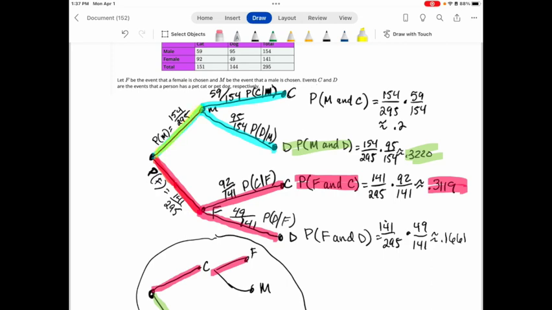So looking at this, if I follow this down, I'm making the assumption that I've already picked a male on that branch. And now this second branch is the probability that I pick a cat given that I've already picked a male. So that's just your conditional probability. And then when you follow the whole path down, that's where you get your probability of the and statement, the probability of getting a male and the male has a cat.